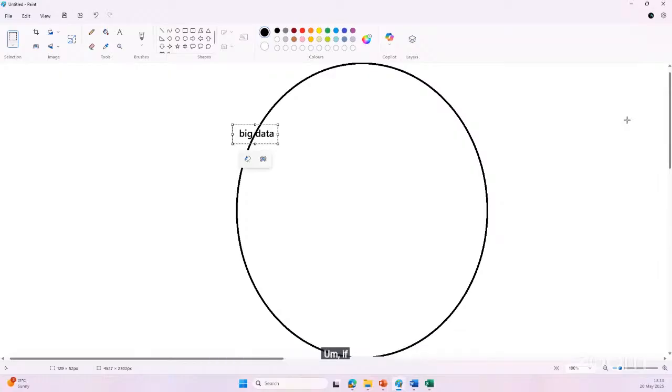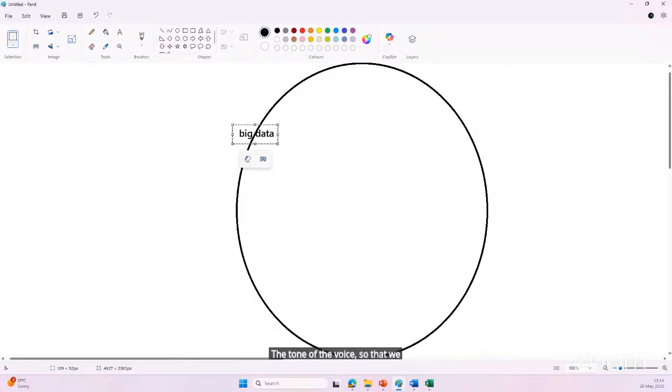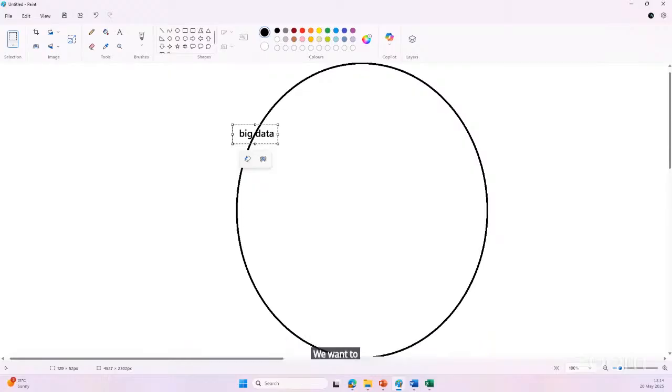If we're thinking about analyzing big data, we're thinking in terms of machine learning algorithms, so that we can identify patterns. We're thinking in terms of deep learning algorithms, so that we can analyze the variety of different types of data, so that we can extract the tone of the voice, or extract from video the important parts, maybe facial recognition, or potential nefarious behavior at an airport.